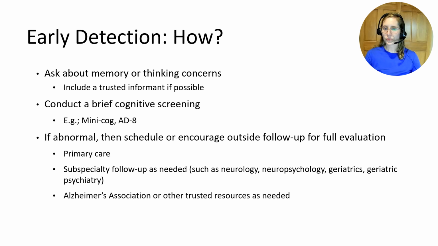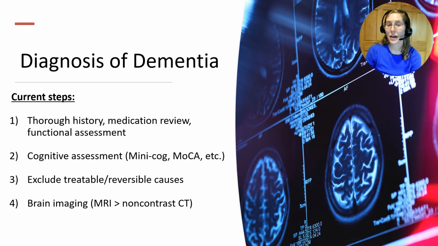So now let's talk about how we officially diagnose dementia. And this is actually an ever-changing field. How lucky are we? But currently in practice, the diagnosis of dementia or even Alzheimer's dementia is typically done using the DSM-5 criteria.